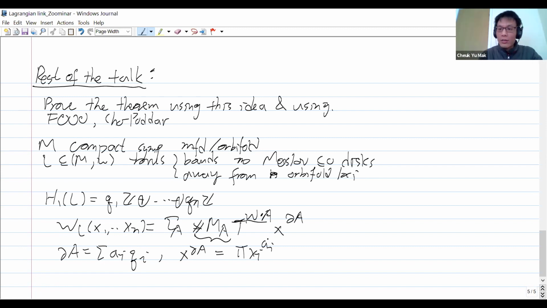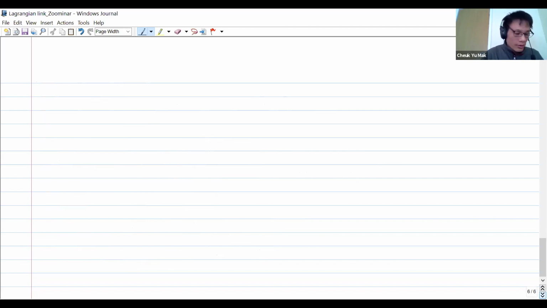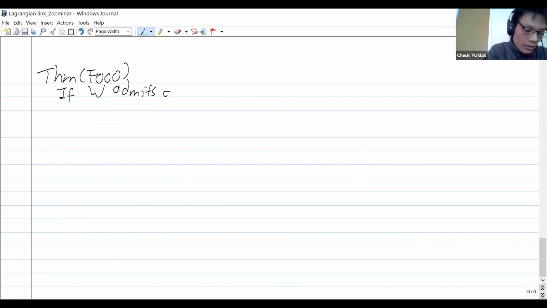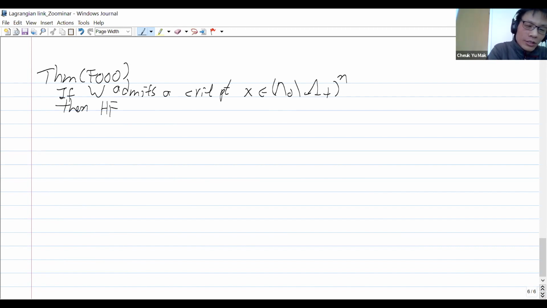In this setting, what they prove is: if W admits a critical point x lying inside the Novikov ring modulo the maximal ideal, then the Floer cohomology deformed by x will be the same as the cohomology of L itself, the exterior algebra.